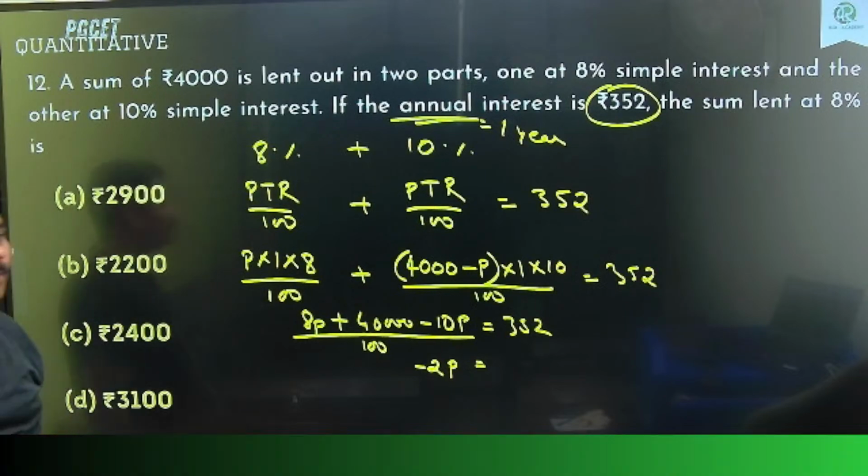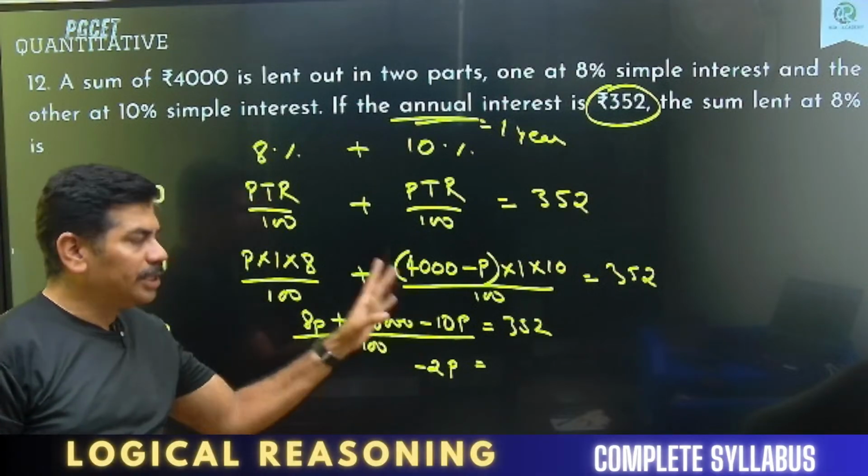Minus 2p because the bigger number is negative.